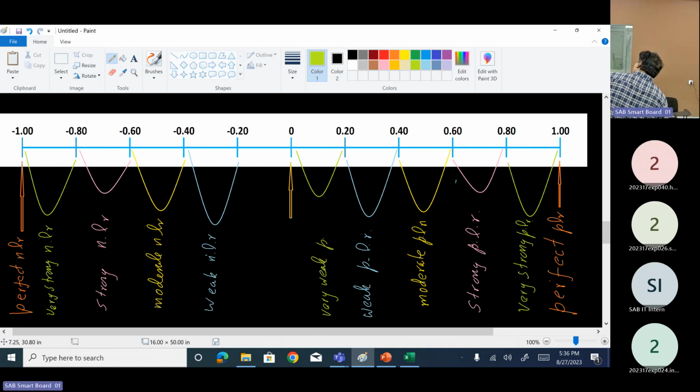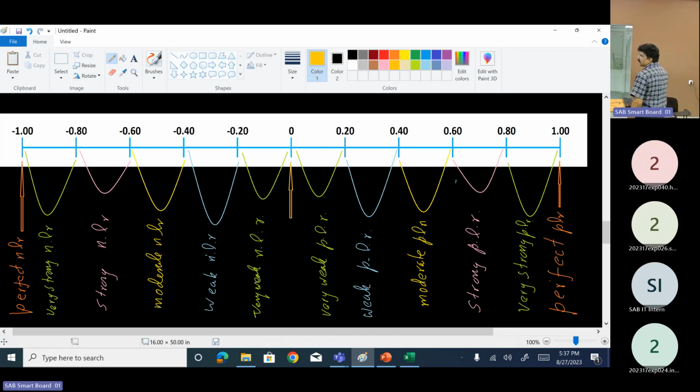Very weak positive linear relationship. So here also it is the same: minus 0.19 to minus 0.01. Very weak negative linear relationship.